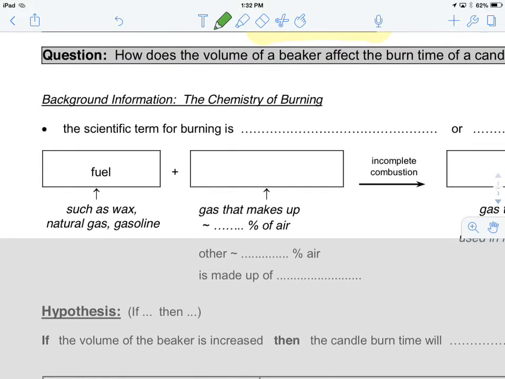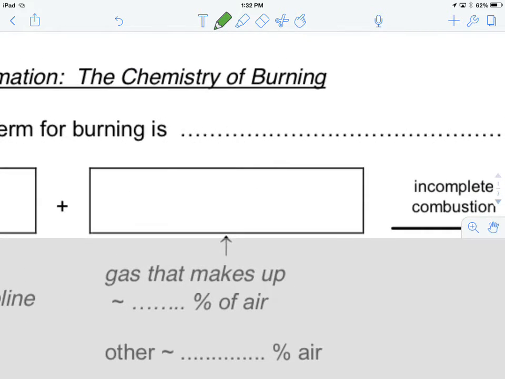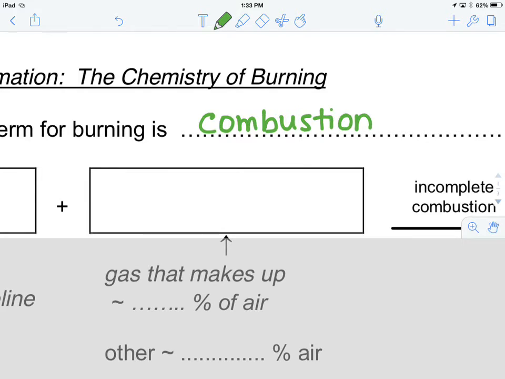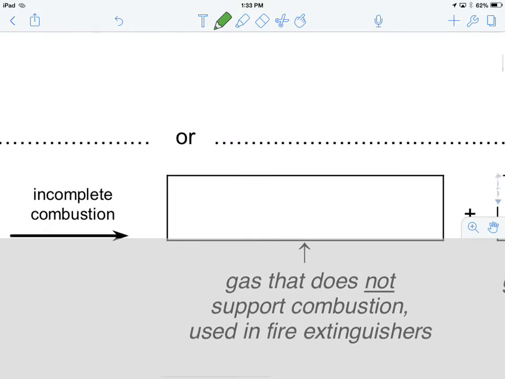So let's talk about the chemistry of burning. The scientific term for burning is combustion. We also call this sometimes oxidation.